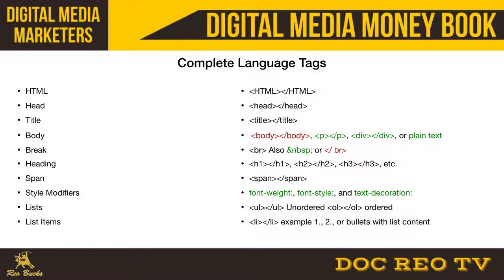You will also see that in regular HTML, but you will see it more often and mostly deal with the paragraph tags, the div tags, or just plain text. You will also deal with NBSP, which is a non-breaking space. That's what it stands for. And remember, that tag is ampersand NBSP semicolon.